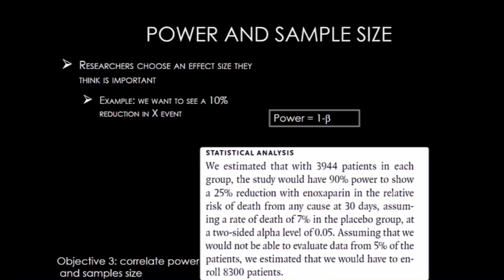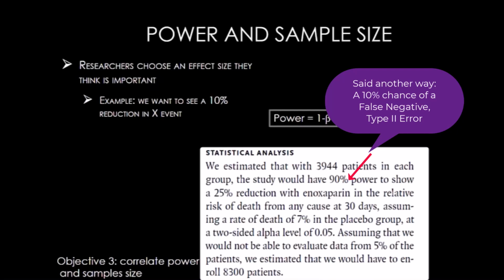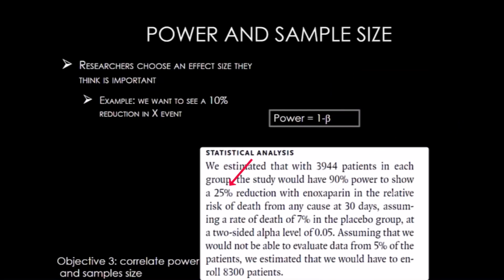Okay. So in the example here, it says we estimated that with 3,944 patients in each group, the study would have, here's your power, 90% power to show, here's your effect size that the researchers picked, a 25% reduction with enoxaparin in the relative risk of death from any cause at 30 days, assuming a rate of death of 7% in the placebo group at a two-sided alpha level of 0.05.